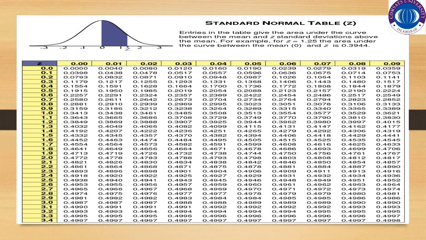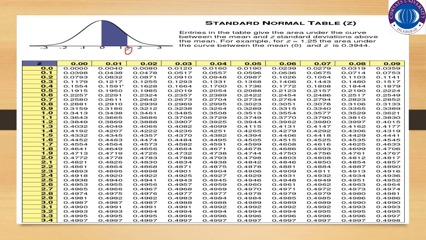In what way? Entries in the table give the area under the curve between the mean and z standard deviations above the mean. For example, for z equal to 1.25, the area under the curve between mean 0 and z is 0.3944. So if z is 1.25, let's suppose this is 1, this is 2, so somewhere here it will be 1.25.